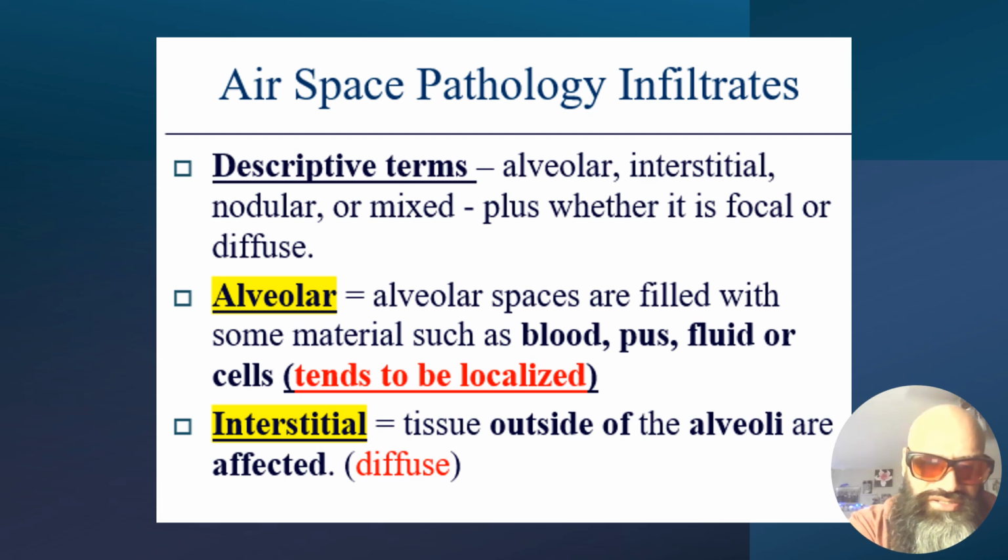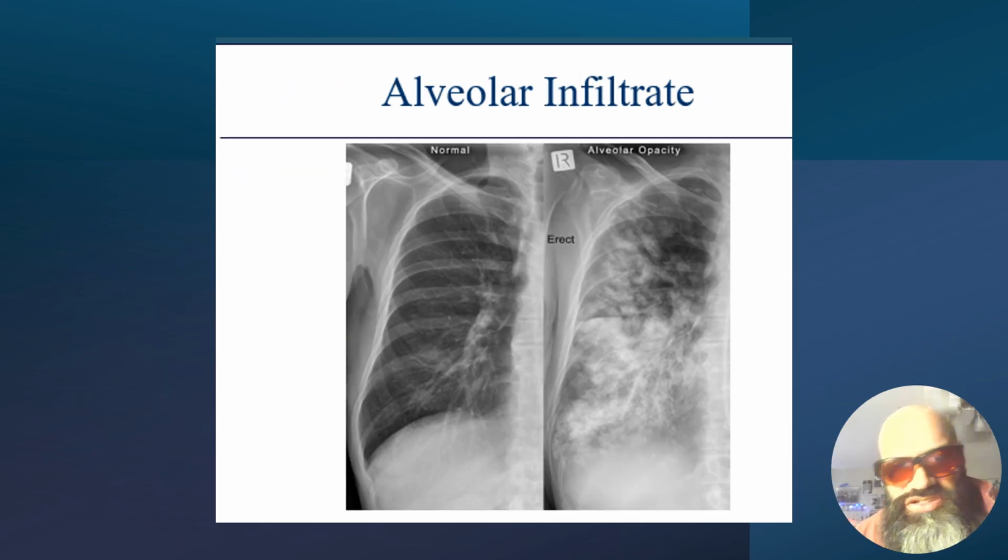Interstitial infiltrates are outside of the alveoli. They're in the surrounding parenchyma, the interstitium of the lungs. They will present as a spreading out, streak-like pattern throughout the entire chest X-ray and lung presentation. This is the key difference between alveolar and interstitial: alveolar are more localized, interstitial is more diffuse and spread out.